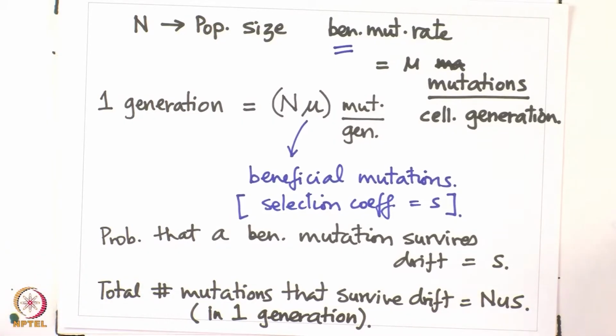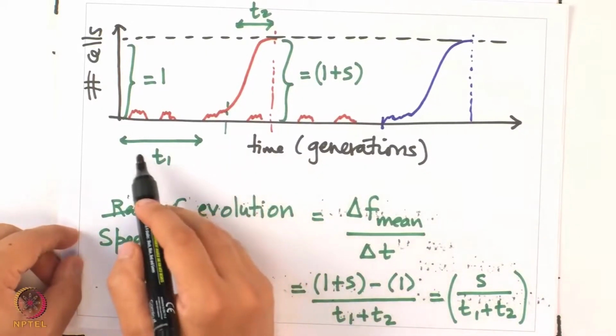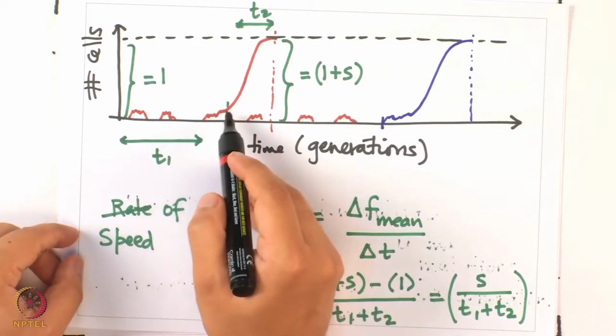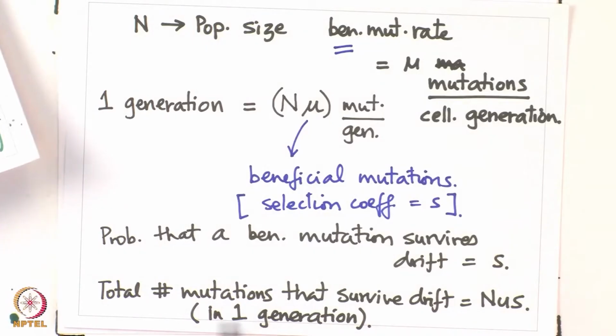But what I am interested in my analysis is how much time I have to wait before the first mutation gets established. Whereas, what I have found here is that in one generation time, how many mutations got established.